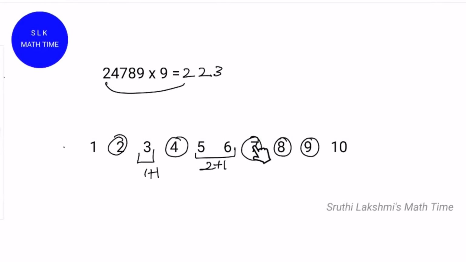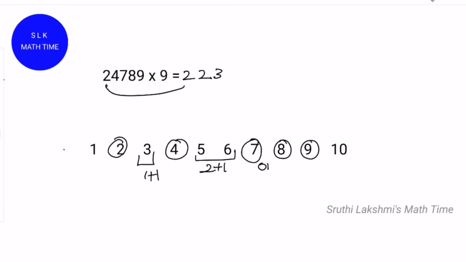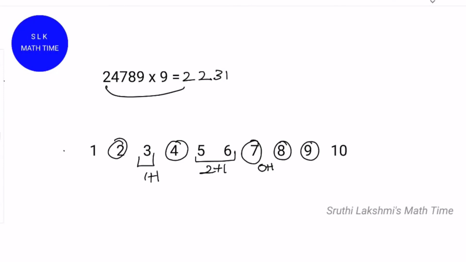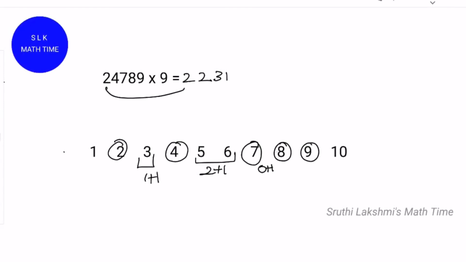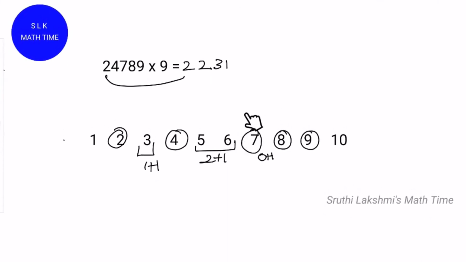Next, find how many numbers there are between the third and the fourth number, which is 0. We add 0 plus 1, which is 1. Now we stop here because we are only supposed to add plus 1 till the fourth digit.